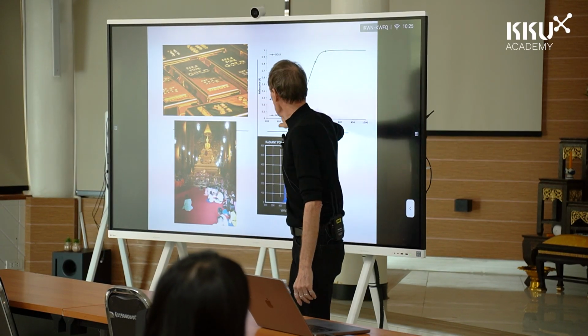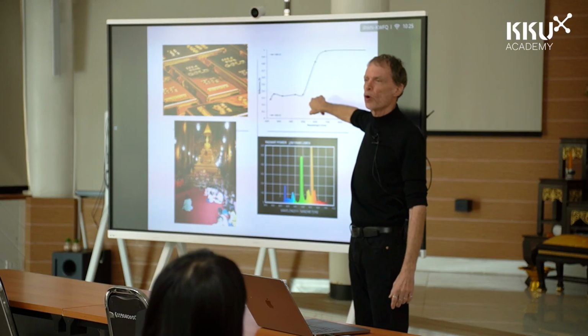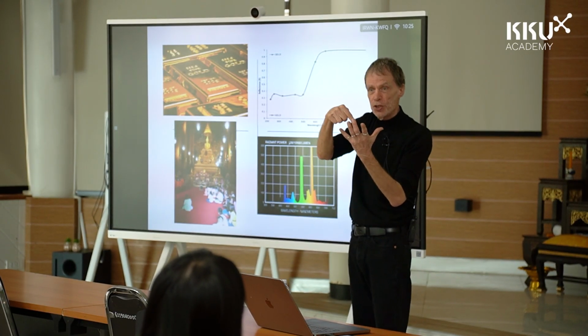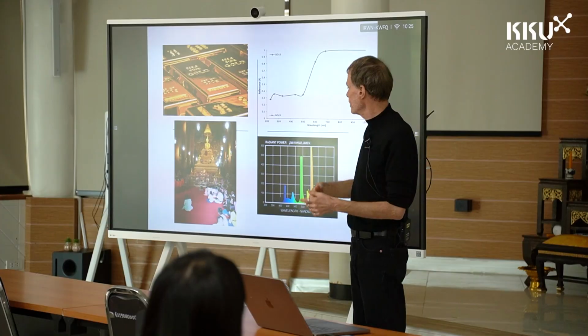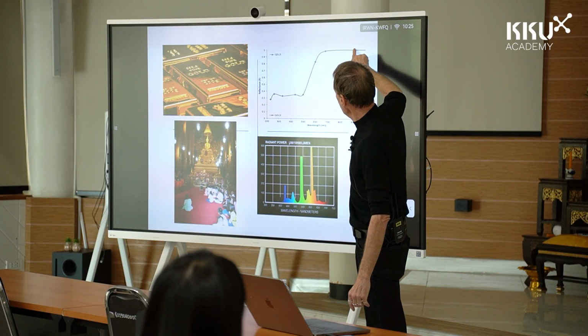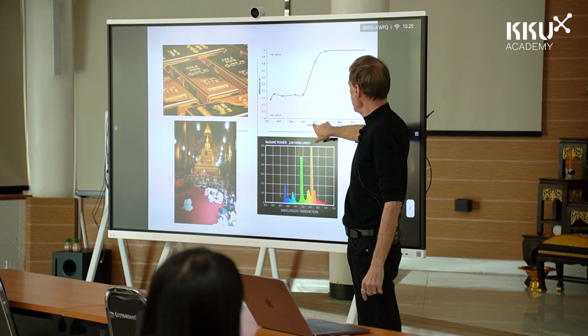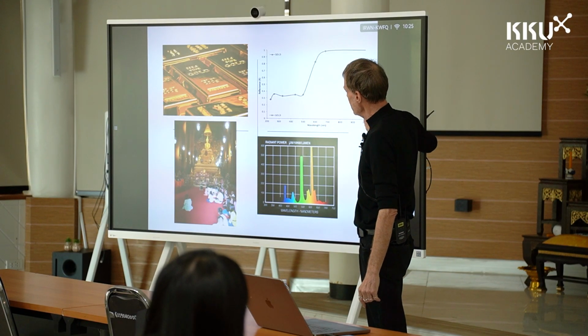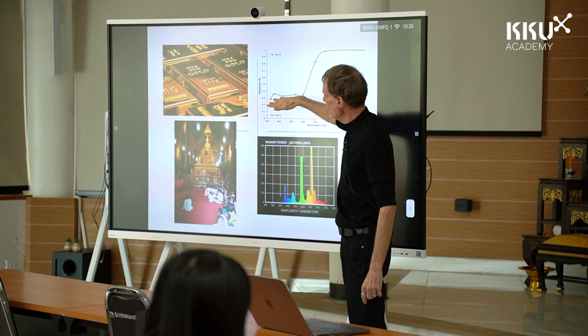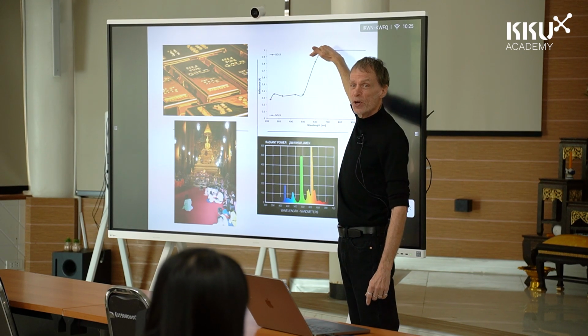Gold. If I look at the spectral signature of gold, I take a piece of gold and I measure how does it respond to light. It reflects a lot of light in this region here, between 600 nanometers and 1,000 nanometers, and not so much in this. That's why it appears gold.